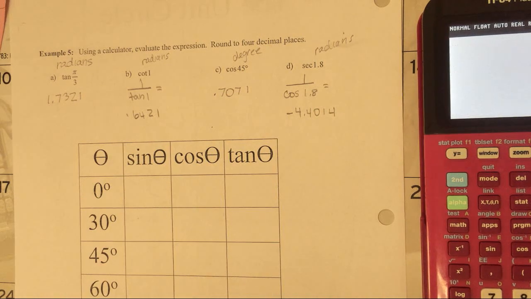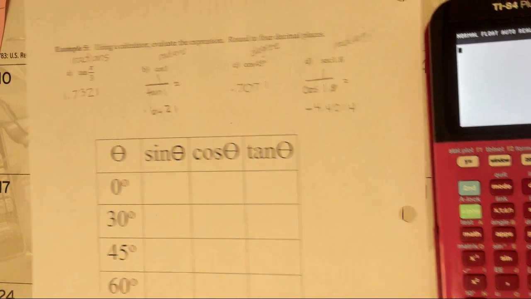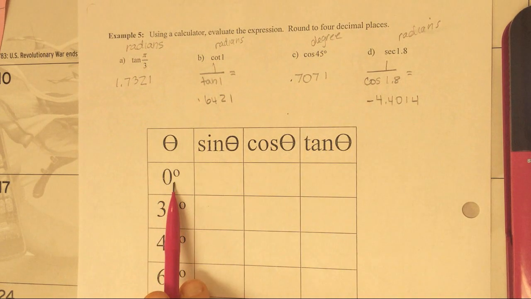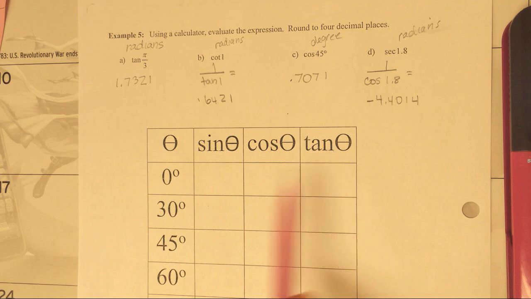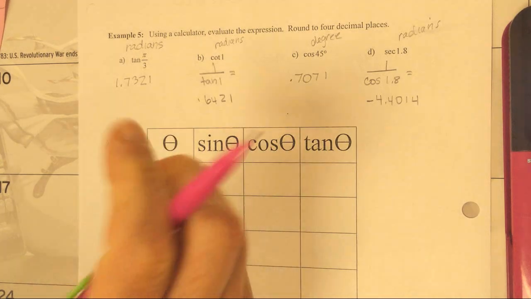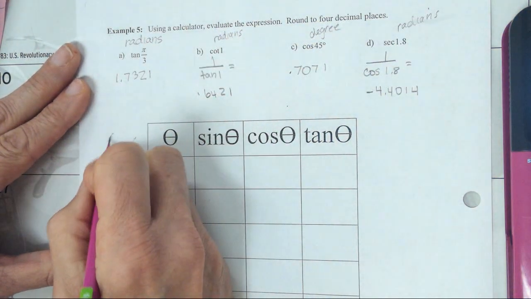All right. Now what I want you to do is I want you to fill in this chart. And so you're going to write the sine of 0 degrees, the cosine of 0 degrees, the tangent of 0 degrees, and so on. So again, if we're looking at radians, we look at theta in terms of radians.